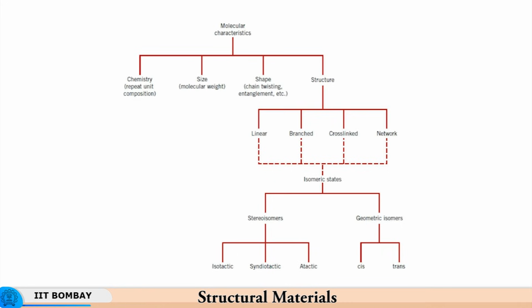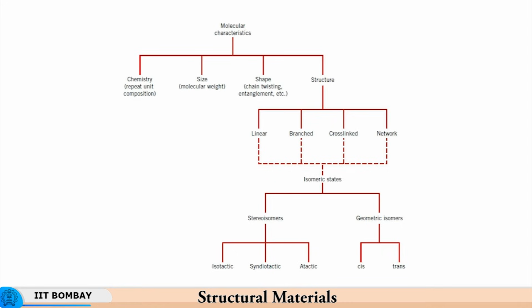There are other molecular characteristics, like different chain twisting and entanglement. So you have multiple chains in the macromolecule, and they get entangled with respect to each other, and the arrangement of these chains, whether branched chain or single long chain, or entangled chain.